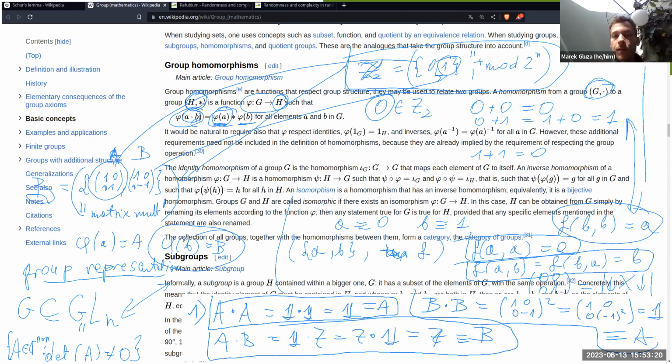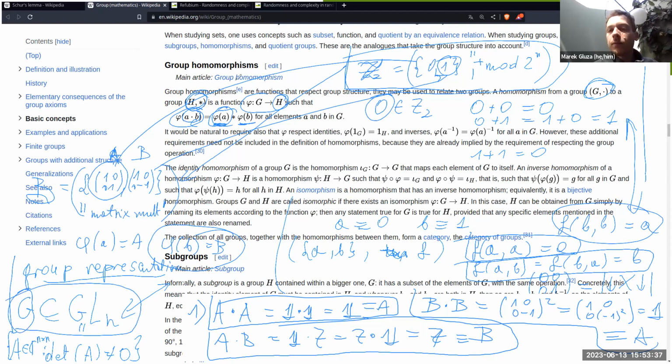Which means this is a group representation of the Z2 group, okay? Because if you find a homomorphism from an abstract group into those general linear matrices, you found a representation, okay?